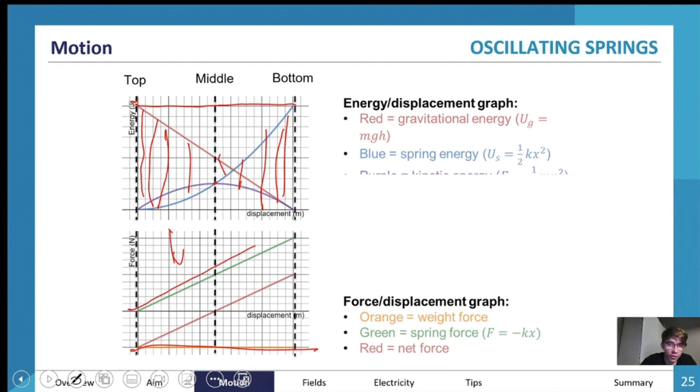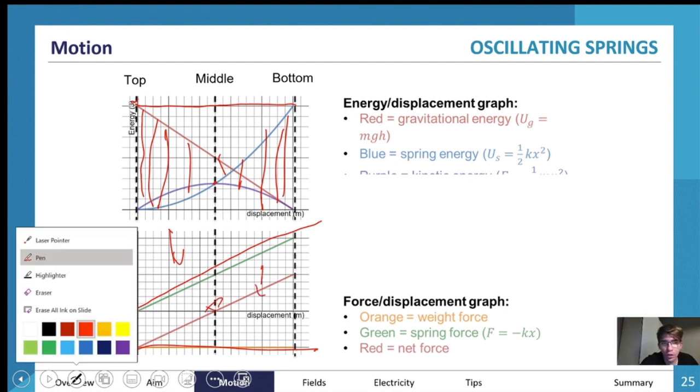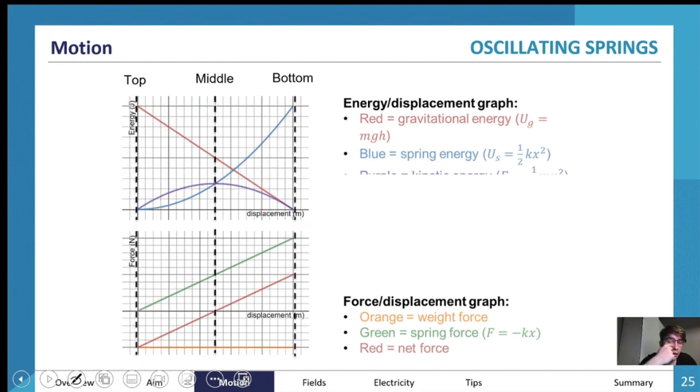And then obviously there are the forces, so the weight force is constant all the time. The spring force increases as the spring gets extended, and then the net force obviously is something in between the two, and it's equal to 0 midway through. That's where acceleration is actually the greatest.